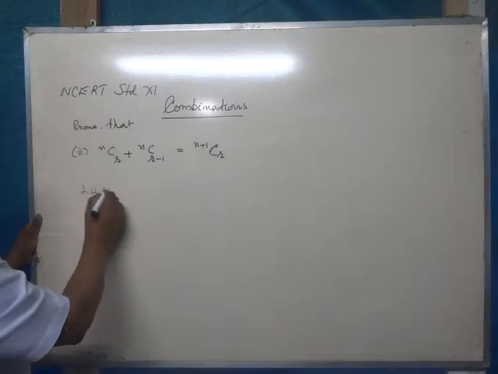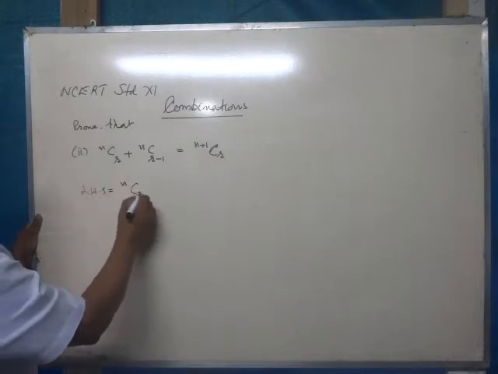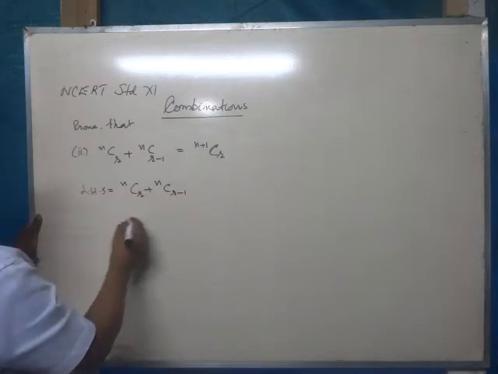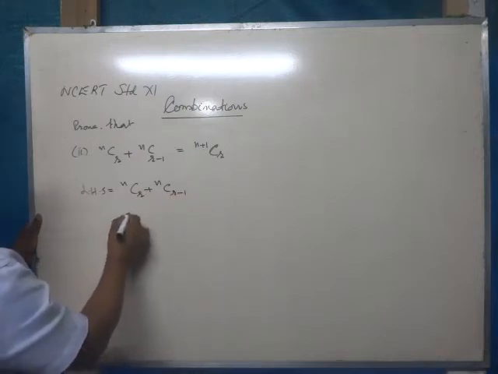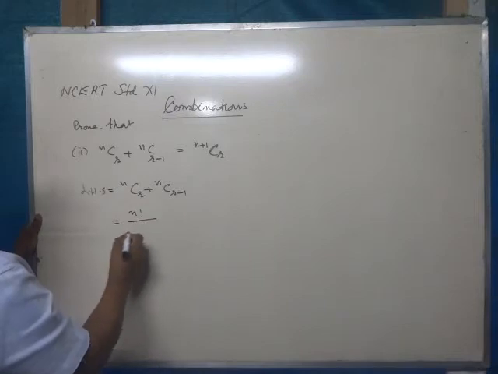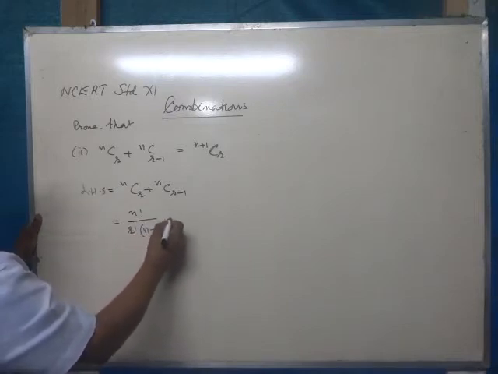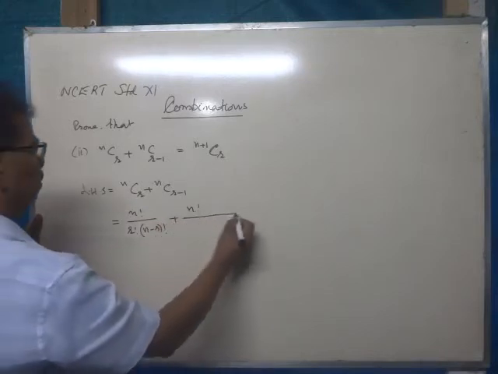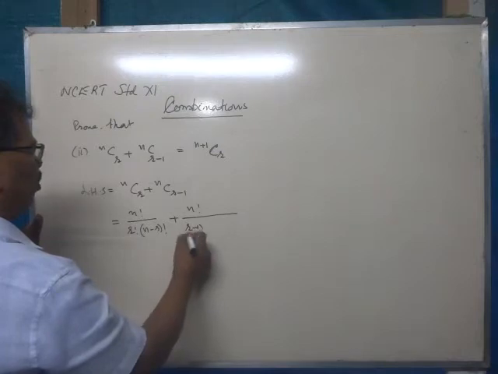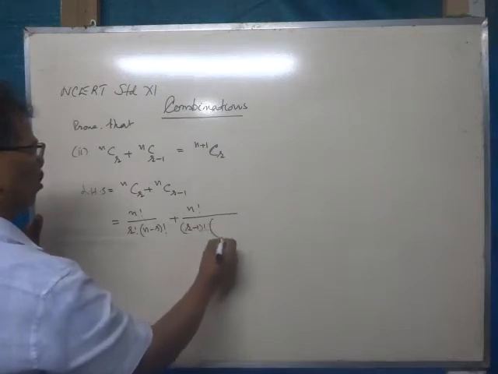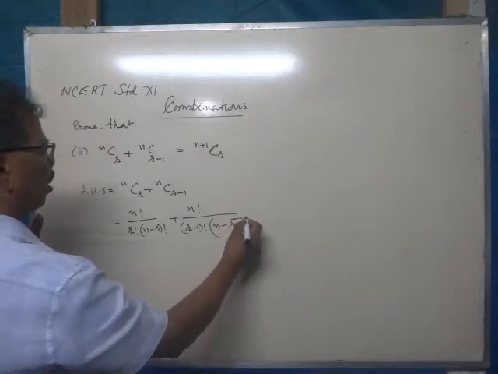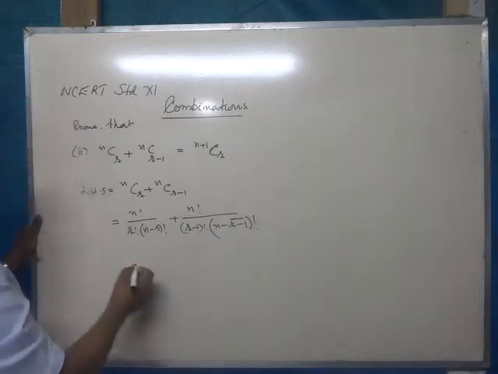Left hand side is equal to nCr plus nC(r-1). That is equal to n factorial divided by r factorial into n minus r factorial, plus n factorial divided by (r minus 1) factorial into (n minus r minus 1) factorial.